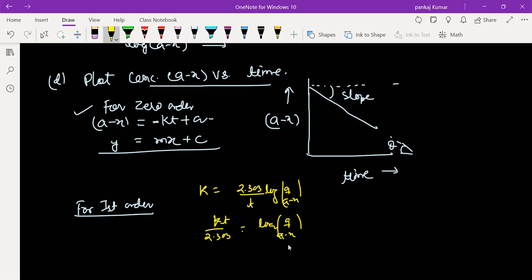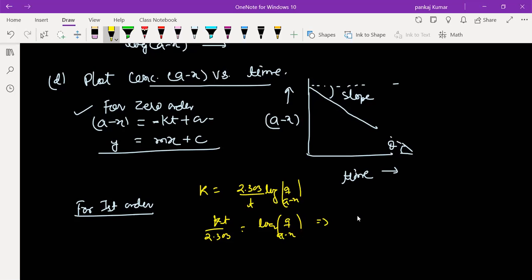So you have to take a reverse way. How do we take the reverse way? We get in terms of log value now. Log a minus x we have to take. So log a minus x will be this.